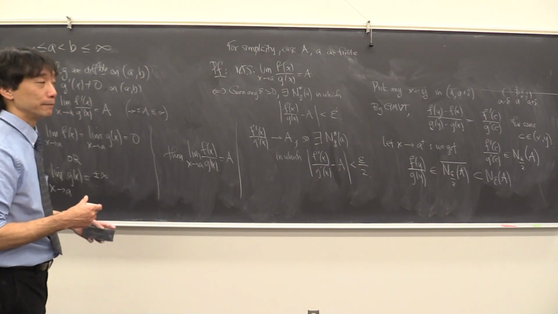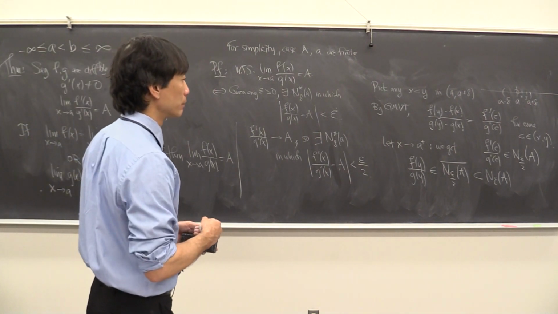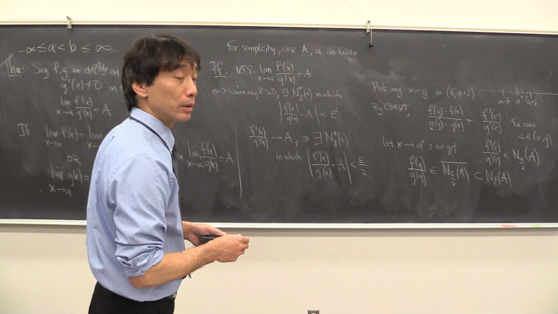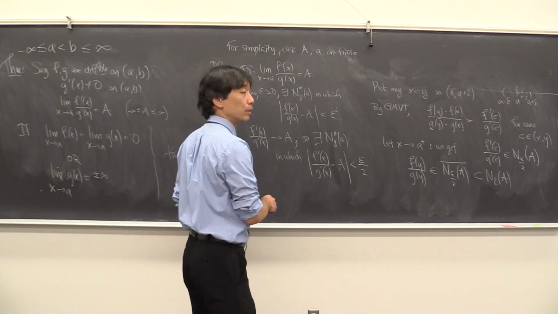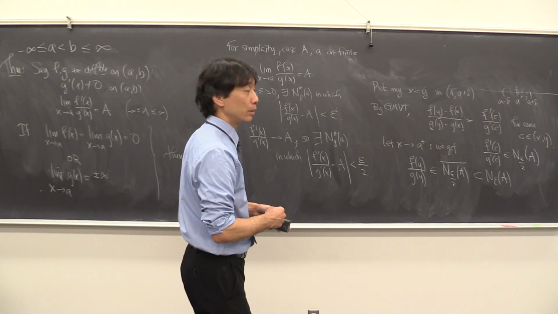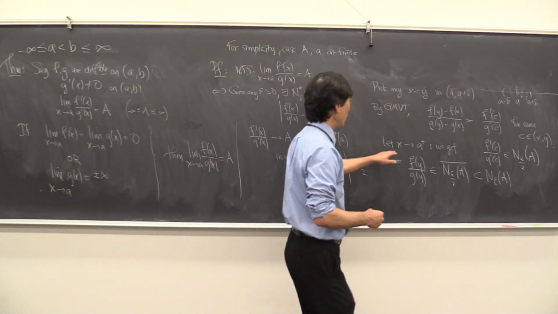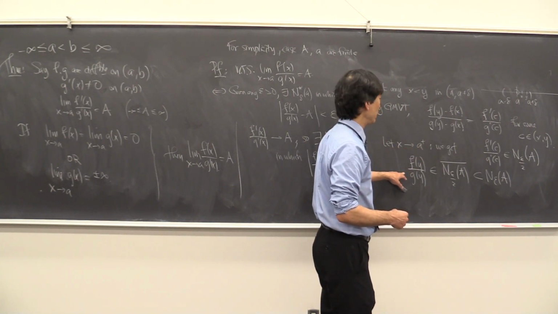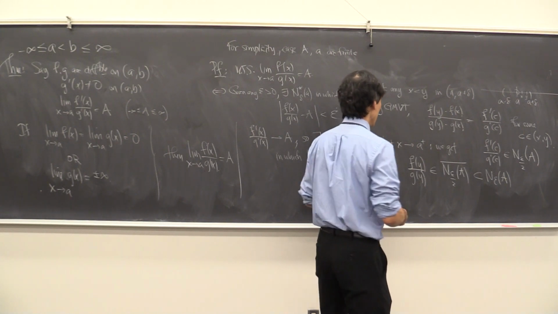Wait, Prof, can you try to draw the closure again? On the left-hand side, as x goes to A plus this part? Yeah. Can you draw that neighborhood with closure? Yeah, sure.